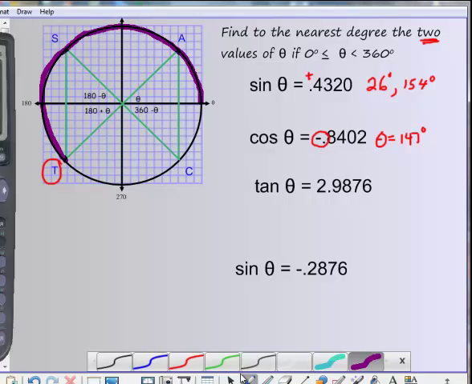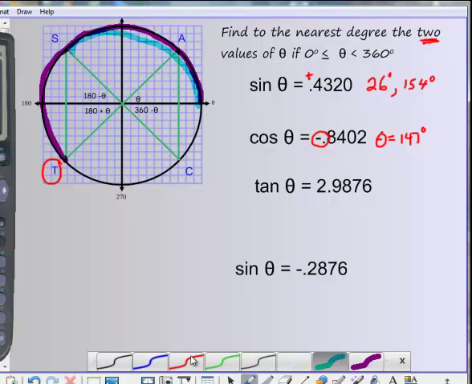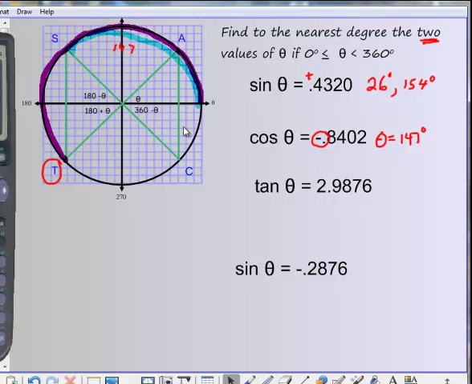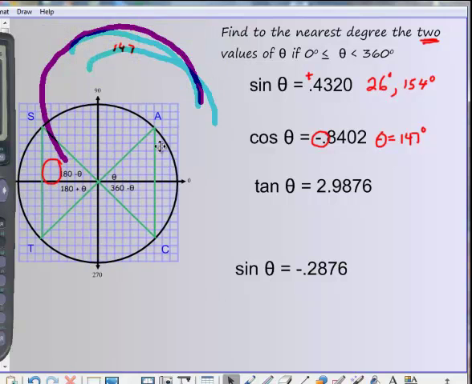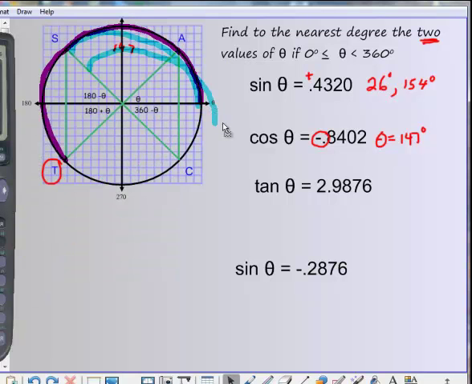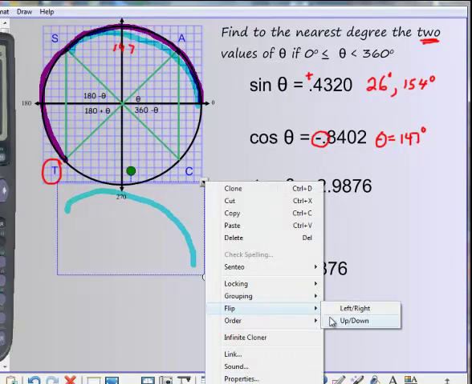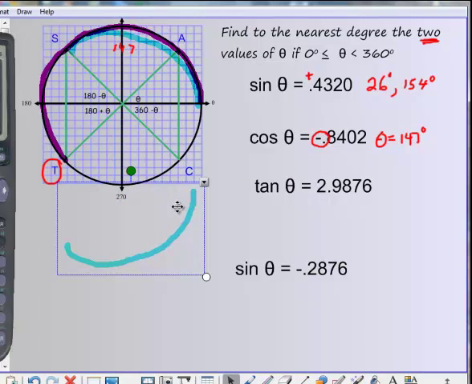Well, I know from here to there was 147. So what I can do is use a little knowledge. I can take this blue one right here, and if I flip that, guess what?